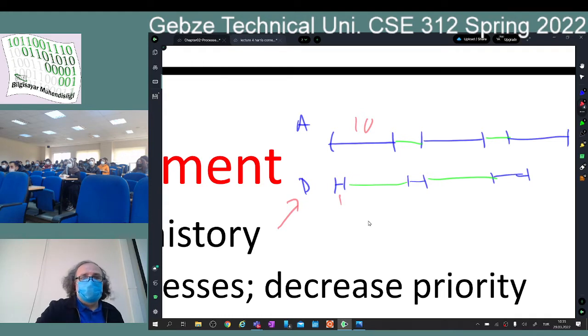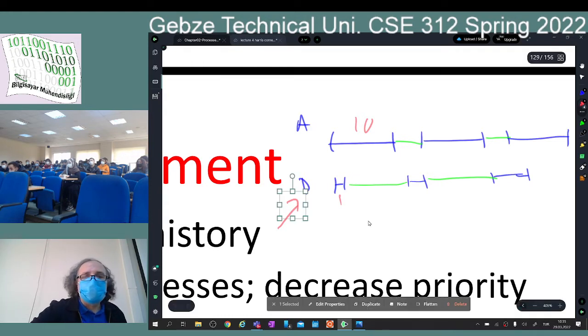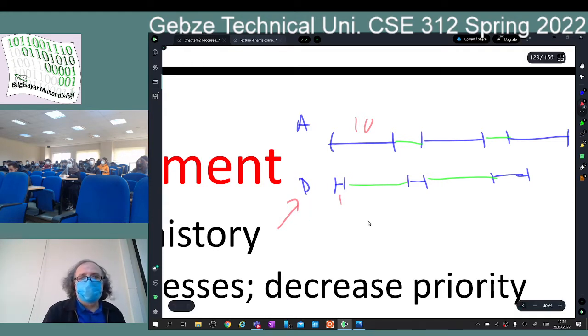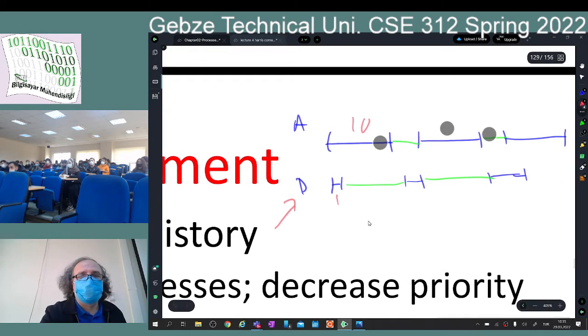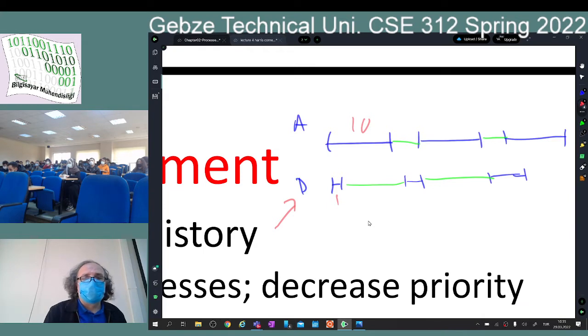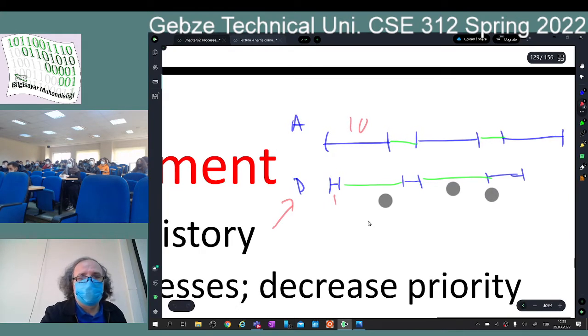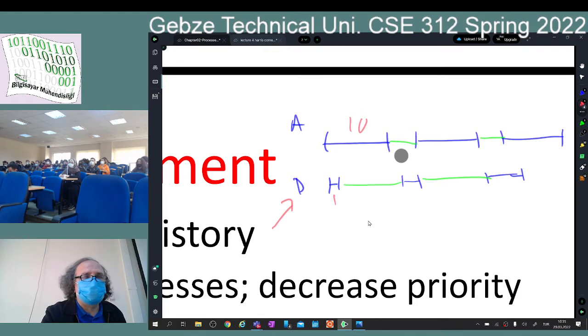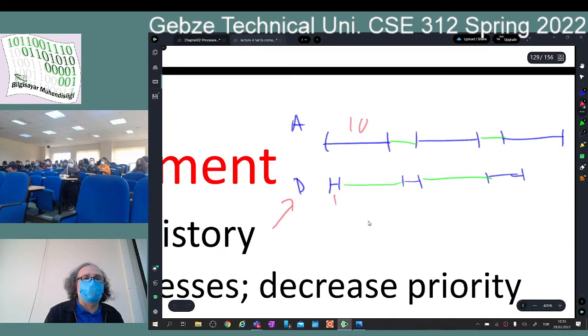So this process A and process B. We know that this one is CPU intensive, doing CPU intensive work. Okay, so this is CPU bound and this is IO bound. This one is using the CPU most of the time. For a little bit of time it is blocked. It needs some IO, etc. This one does just the opposite.